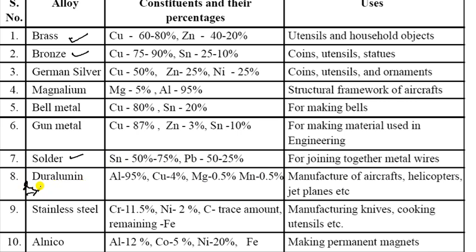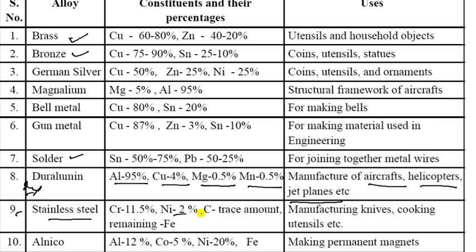Now the fifth one is bell metal. It is copper 80% and Sn 20%, for making bells. Now the sixth, gun metal: copper 87%, zinc 3%, and Sn 10%, for making material used in engineering.